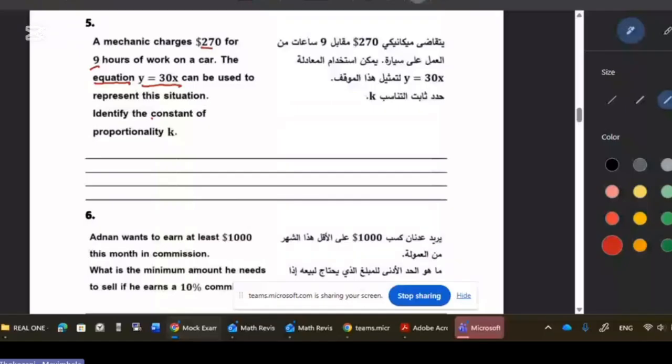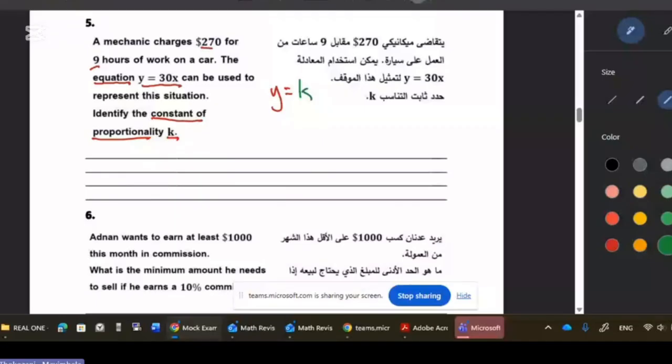Now they're asking us to identify the constant of proportionality, which is k. Now, most of the boys, when they see this question, they do a lot of things which is not necessary. So in this question, once they give you the equation, all you've got to do is remember this, y equal to kx. You've got to remember this thing here.